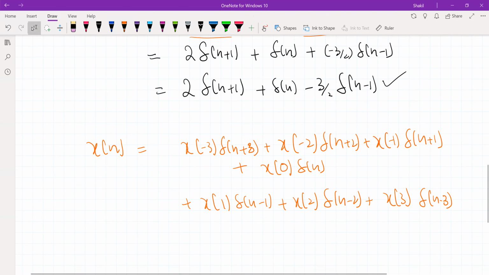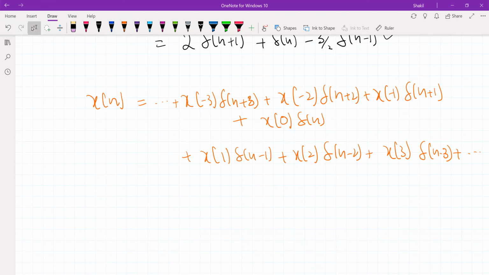So this is when you have non-zero sample values from minus 3 to plus 3. Or in general, if you have values from minus infinity to plus infinity, you can do this operation. So you have expressed x of n in terms of delta sequences.